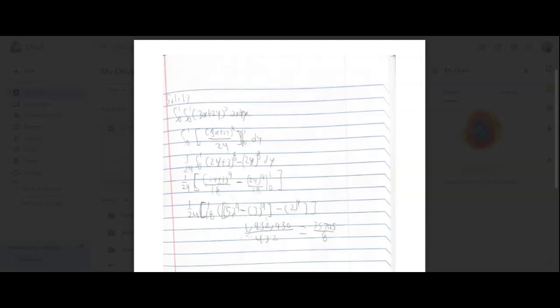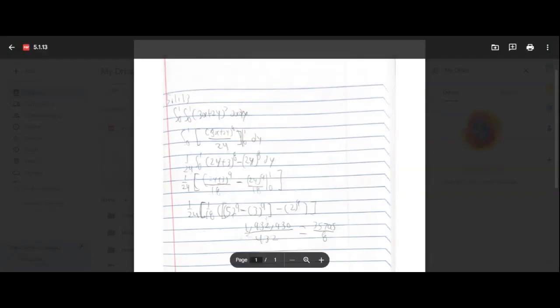I then plug in the values that were given, and that results in 2y plus 3 to the 8th power minus 2y to the 8th. I don't really show that I evaluated it as two different integrals, one subtracted from the other, but that's essentially what I did from the middle step to the second step after.